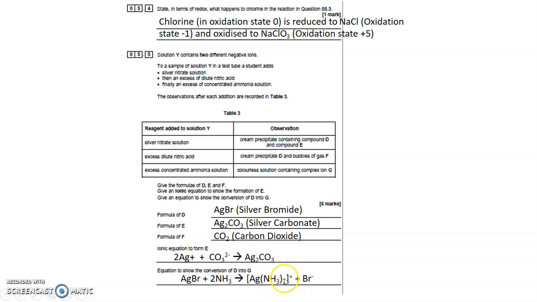The ammonia ligands have no oxidation state, they're charged 0, so that is in +1 oxidation state, so there's a +1 left over because these are zeros. I'm going to need two NH3s here to balance it up. I'm going to make Br, and the Br is going to be a minus, and that's going to balance out with the plus.